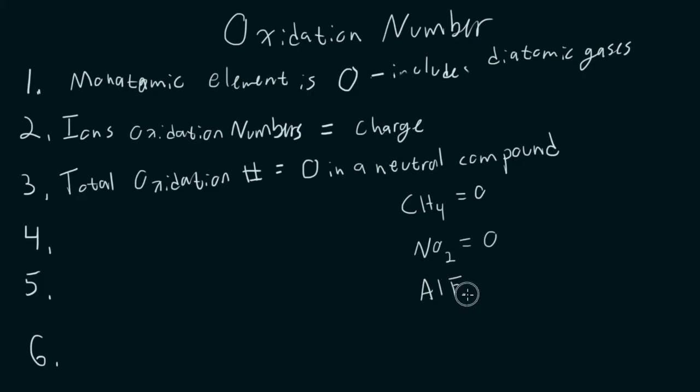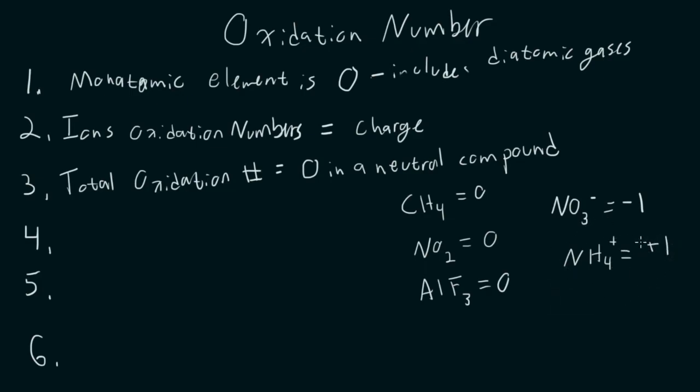AlF3, our total will be 0. But what about something like the nitrate anion, NO3 minus. Well, that would be an ion. And so its total charge is going to be -1. So the total oxidation number will be -1. Same with something like NH4 plus. The total ionic charge is +1. So the oxidation number will be +1 for the whole compound.